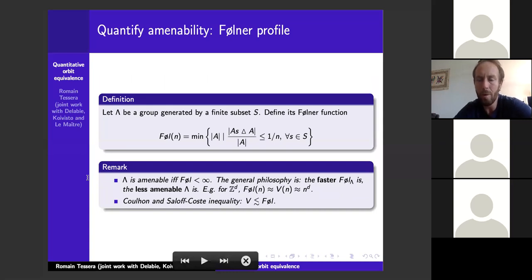Okay, so this is from the point of view of quantifying orbit equivalence. Now, what about amenability? So far, I described to you growth, the growth function. But the growth function is limited because many groups just have exponential growth function. The Lamplighter, I didn't have time to explain, but the Lamplighter has exponential growth, and all the solvable groups, almost all of them, have exponential growth.